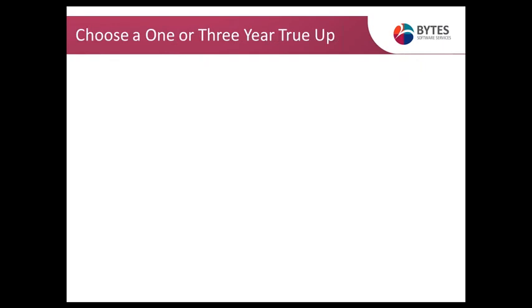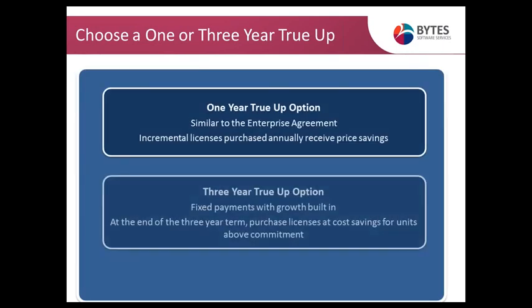I mentioned previously about the 1 or 3 year true-up option. So the 1 year true-up option is very similar to the normal enterprise agreement that we've discussed previously. On the annual anniversary, you'll pay your regular annual commitment, but then what you'll do is you will look at the licenses you've deployed during the previous year, and you'll pay a true-up on an annual basis to pay for those licenses.